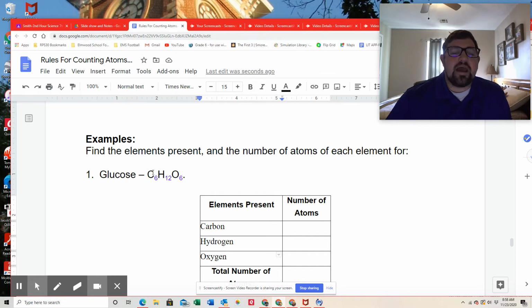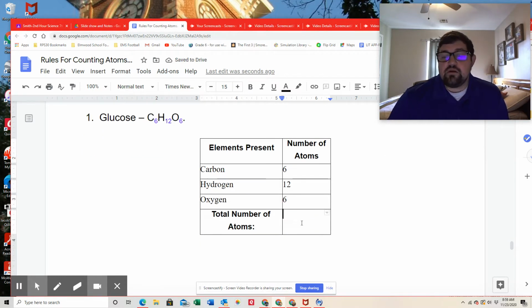It's a number that describes how many of that element we have. So each of these subscripts tells us the number of each element: 6 carbon, 12 hydrogen, and 6 oxygen.